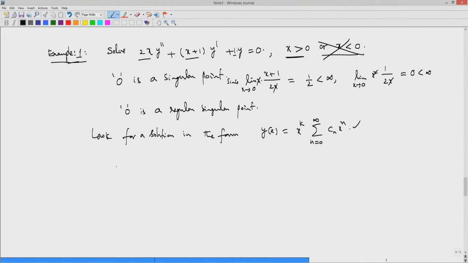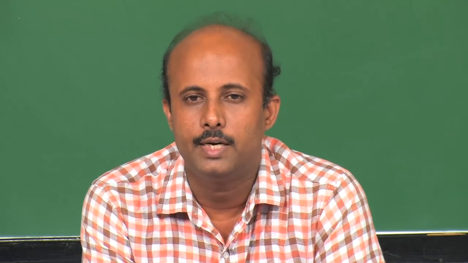Earlier we have seen the properties of power series. A power series converges uniformly, so you can differentiate term by term. You can calculate y dash by term by term differentiation and substitute into the equation.